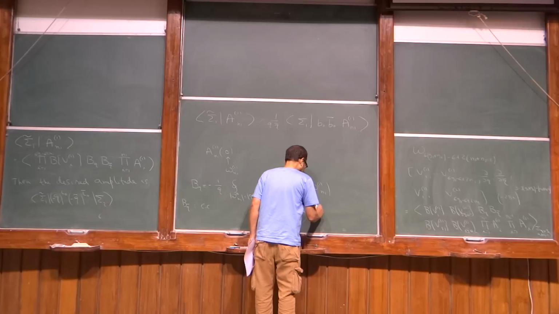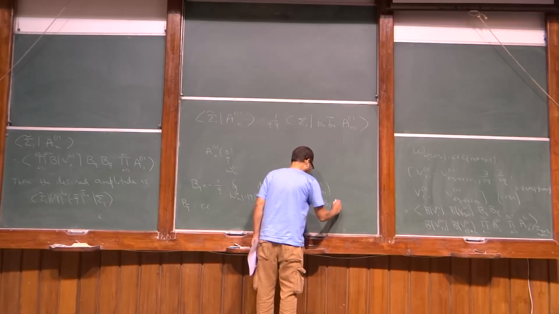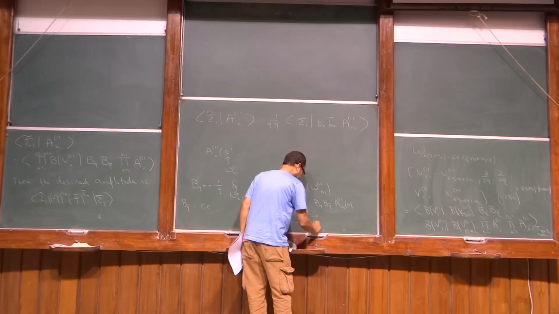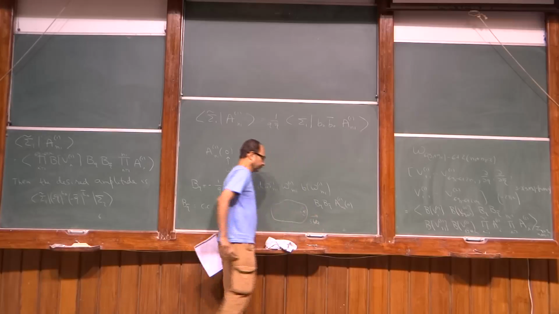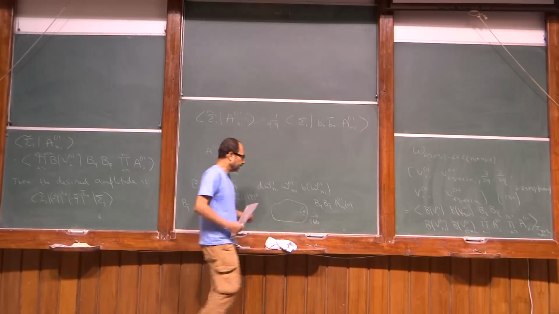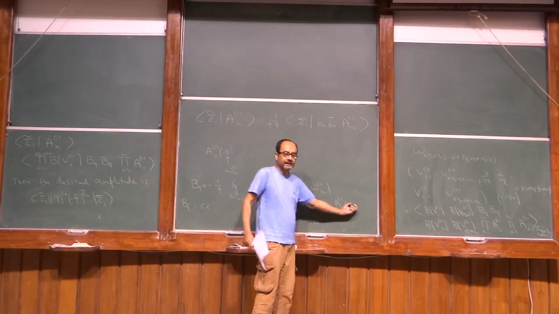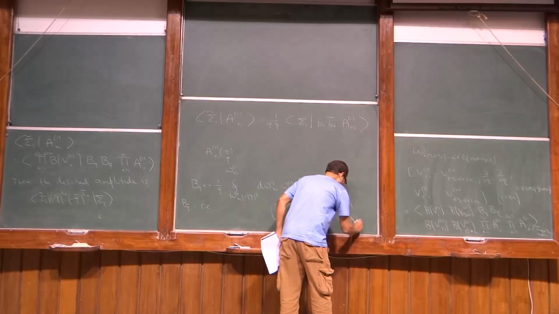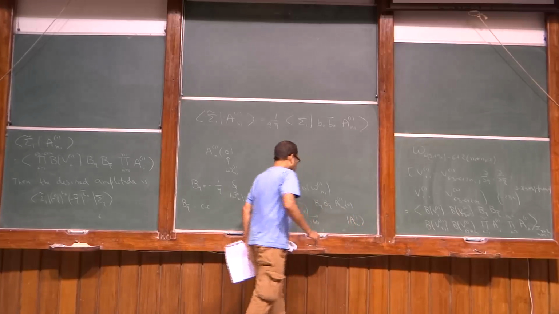As an operator, if you take BQ bar on the operator A1 at 0, the corresponding state becomes A1 state.